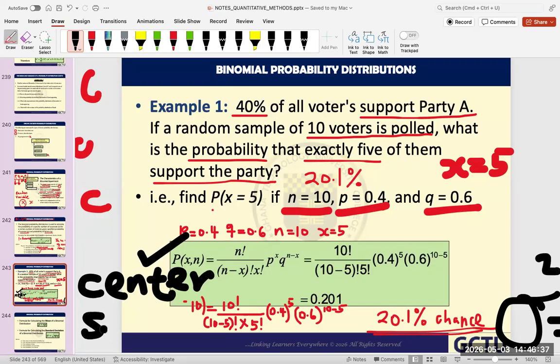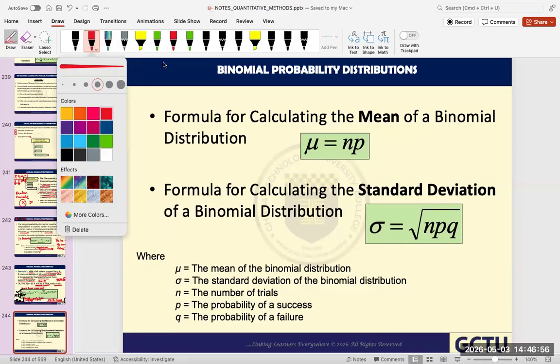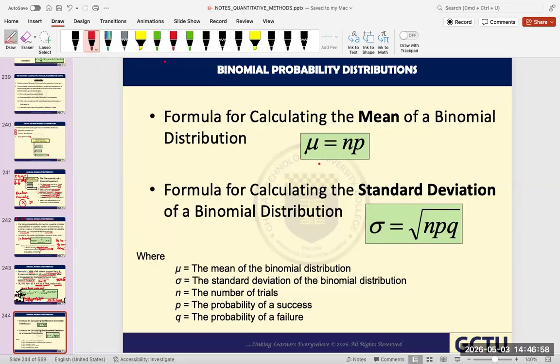What will be its spread from the center? That's the next thing we want to do. So these are the formulas that are used to find the center and the spread of binomial distribution or chances.